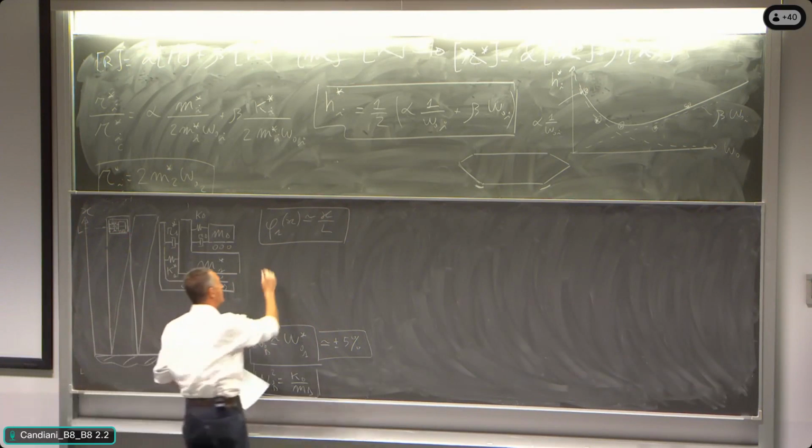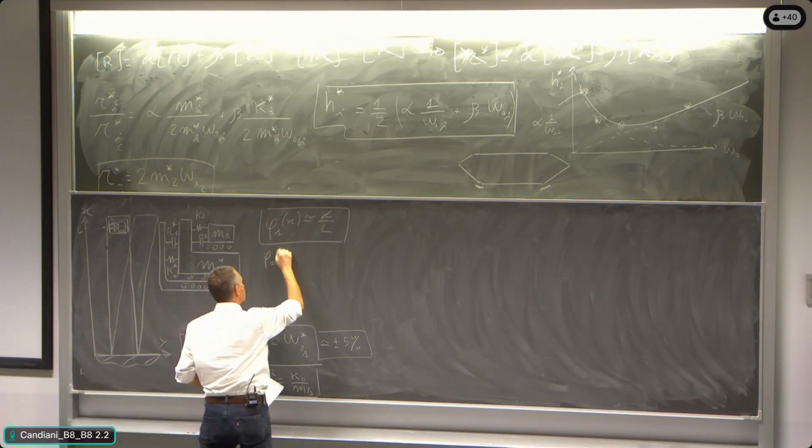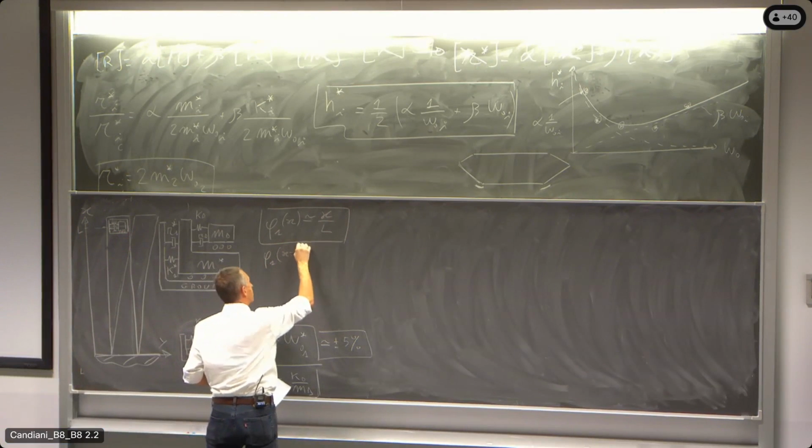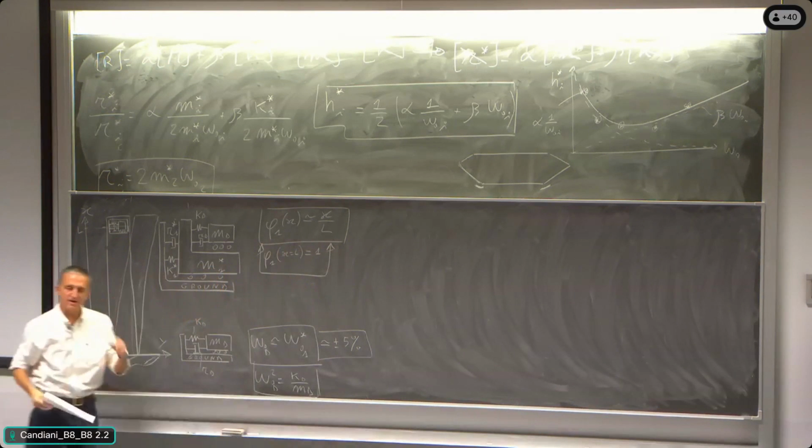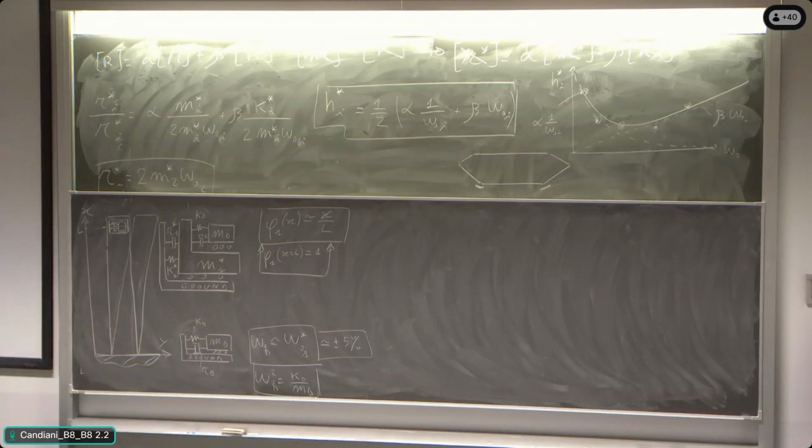So we are saying phi 1 of x equal L equals 1. So here we are working with the numbers. We are normalizing the mode so that it is equal to 1 at the point of the maximum deflection, all right?